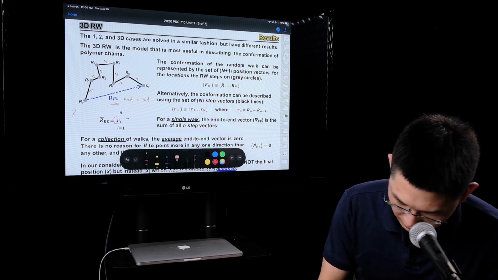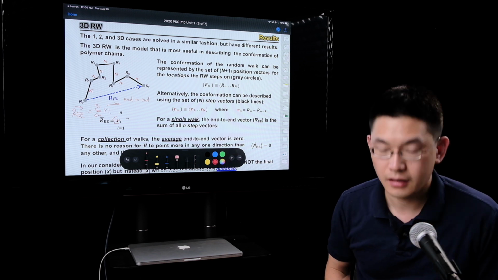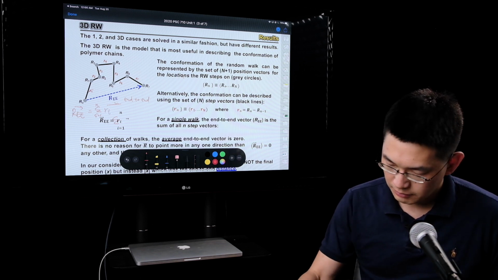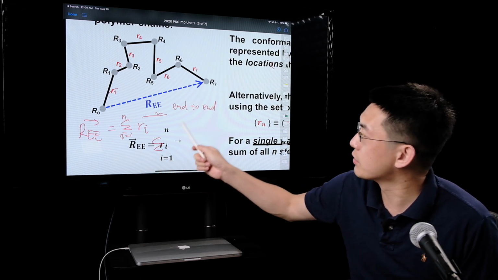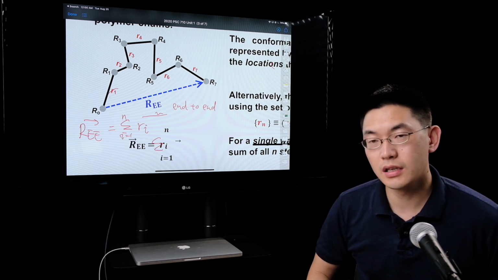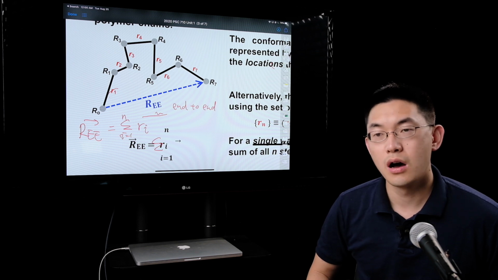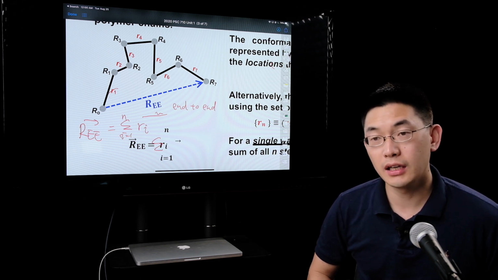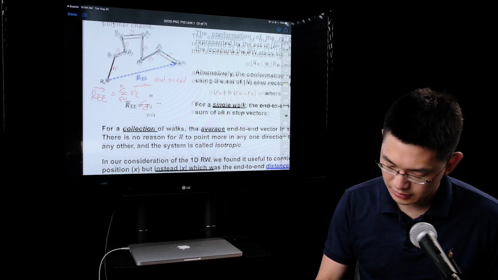So let me write: the REE vector is equal to the sum from i equals 1 to n of Ri. Okay? Let me also zoom in so everybody can see this part clearly. REE is related to this value. This is important, because if we use this simple concept, we can already use simple mathematical terms to get the end-to-end distance.